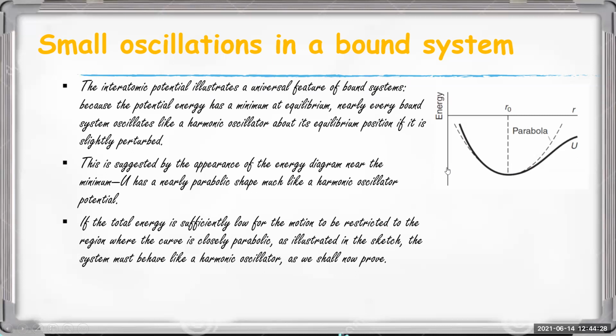So if the energy is very low, as this one, then at this point the curve is closely parabolic. So it is nearly equal to the potential energy curve of a harmonic oscillator, or the system must behave like a harmonic oscillator.